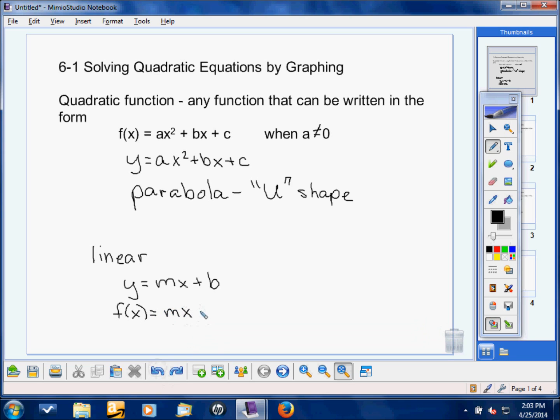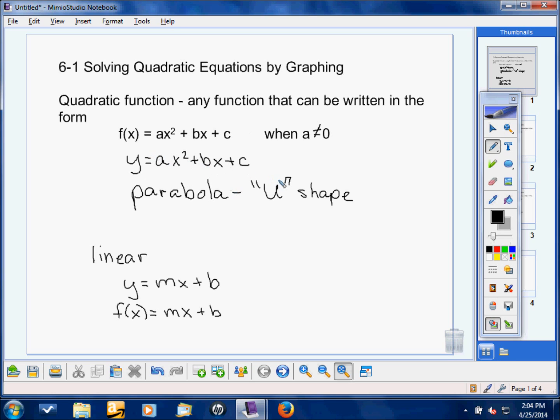You have done enough graphs of this form that you should really know them very well. You'll always get a straight line. You'll always get the same basic shape when you graph an equation that's in this form.